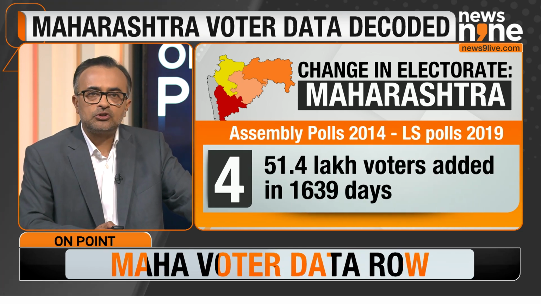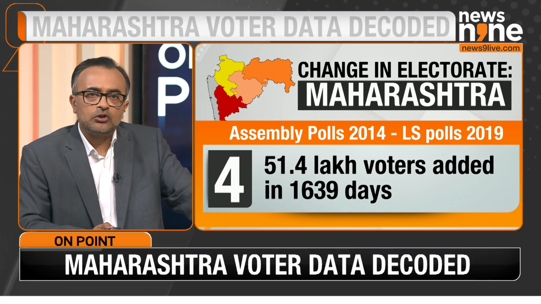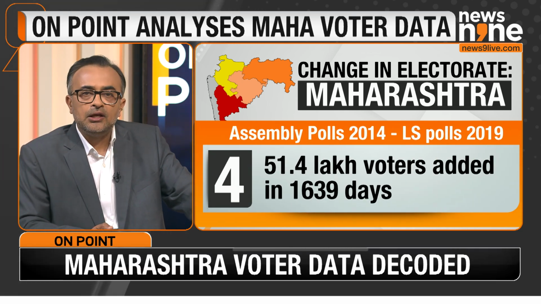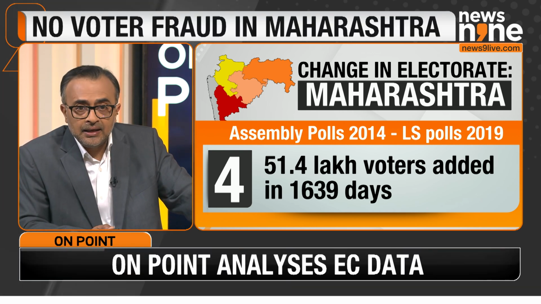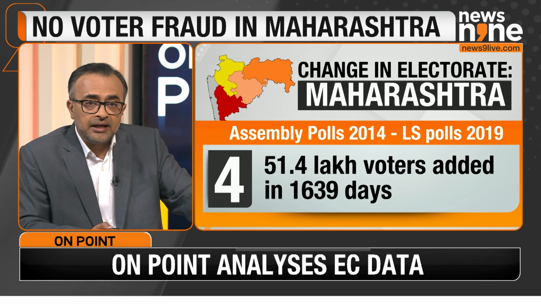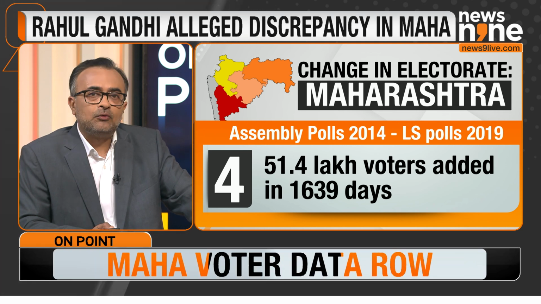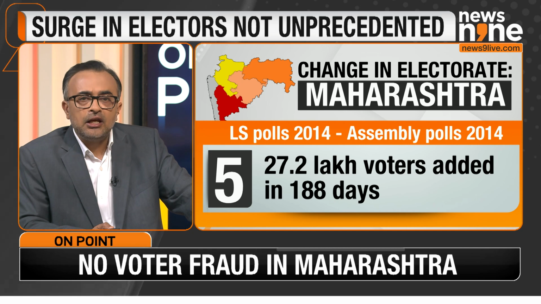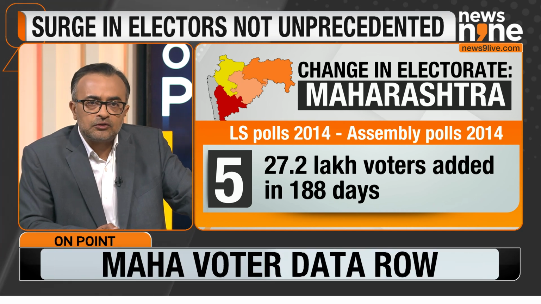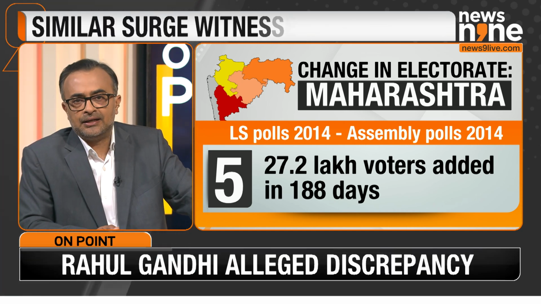Between Assembly polls 2014 and Lok Sabha polls 2019, 51.4 lakh voters were added in 1,639 days. Between Lok Sabha polls 2014 and Assembly polls 2014, 27.2 lakh voters were added in 188 days.